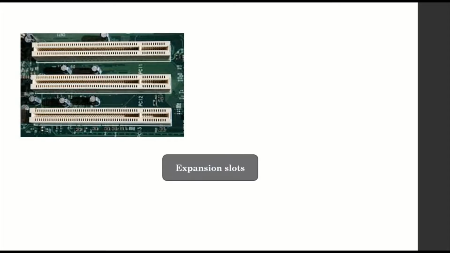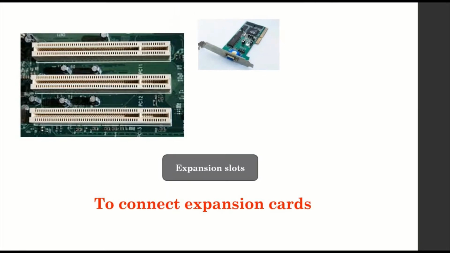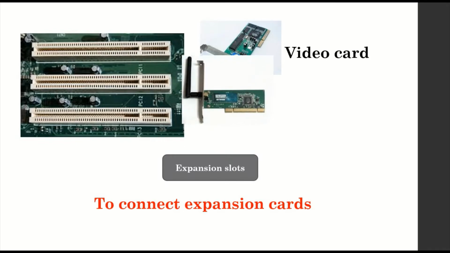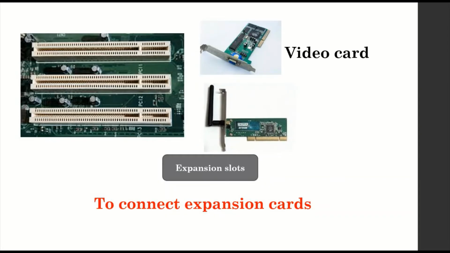These expansion slots allow you to upgrade by adding expansion cards. So you can add a video card to increase the video performance of your computer, or you can add a wireless card to connect your desktop to a wireless network.